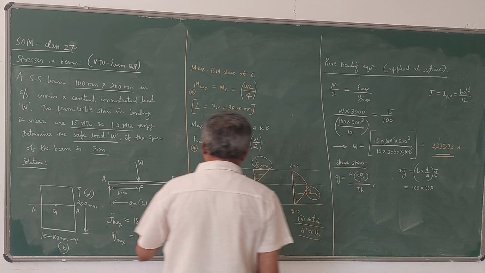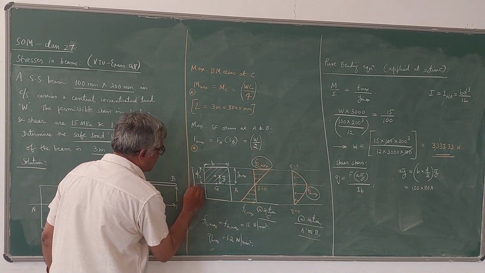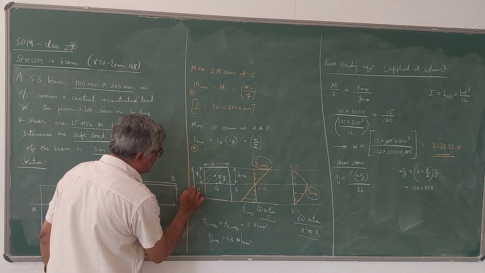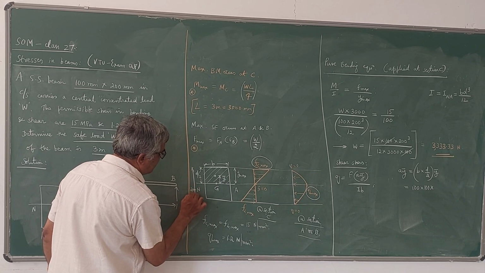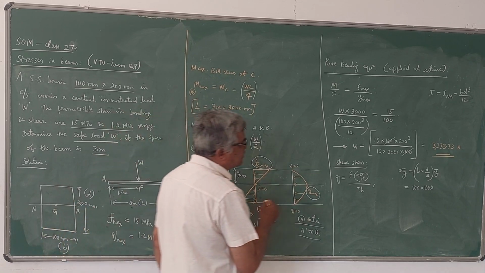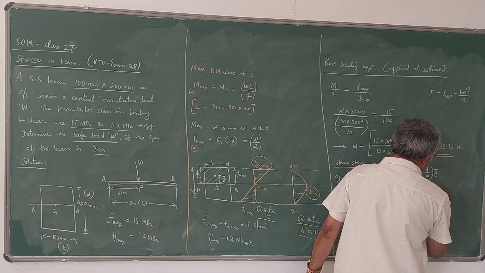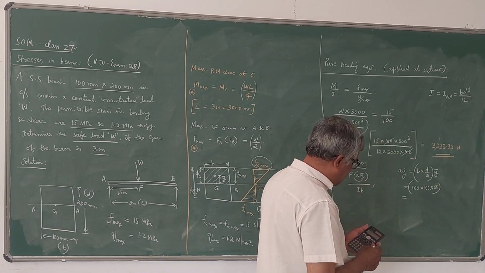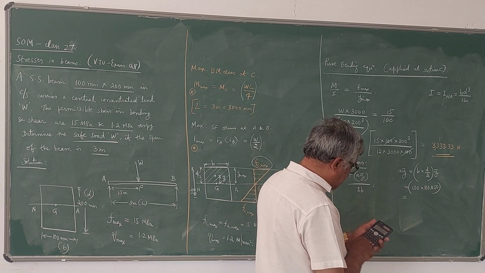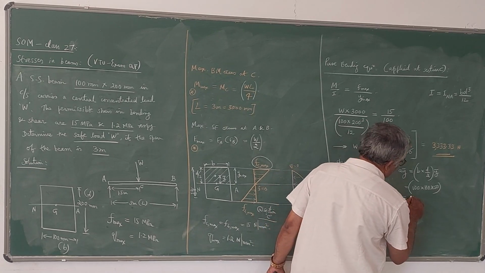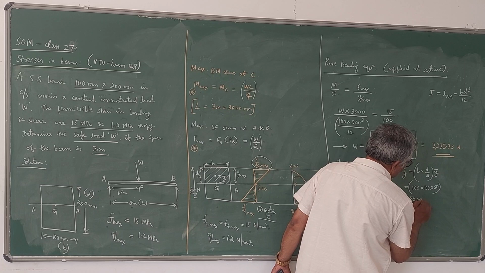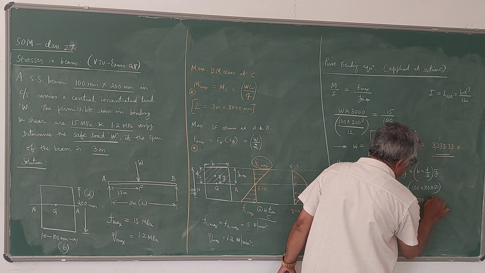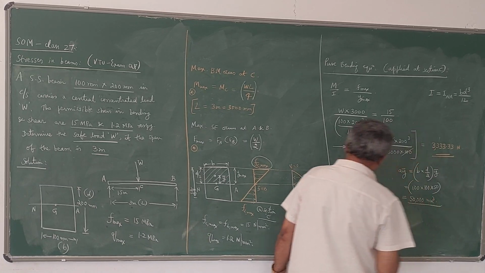The total depth is 200, so this will be half of 100, that is 50. So this is the value of A into Y bar. If you simplify that, you will get 10,000 into 50, which is 50,000 millimeter cube. So this is A y bar.